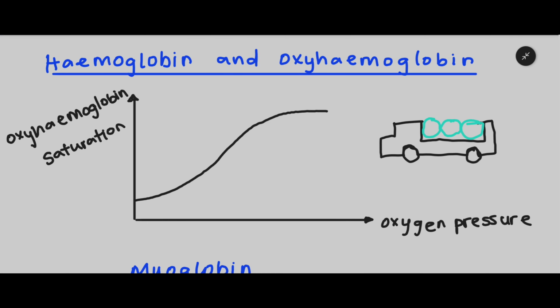So maybe instead of 3 oxygen molecules, this truck can only carry 2. But the benefit of that is that it can unload a lot more quickly because there is less oxygen to unload. So the way hemoglobin works is that even though less oxygen is binding onto it, that oxygen can unbind a lot quicker. And that is the state we want to get to.